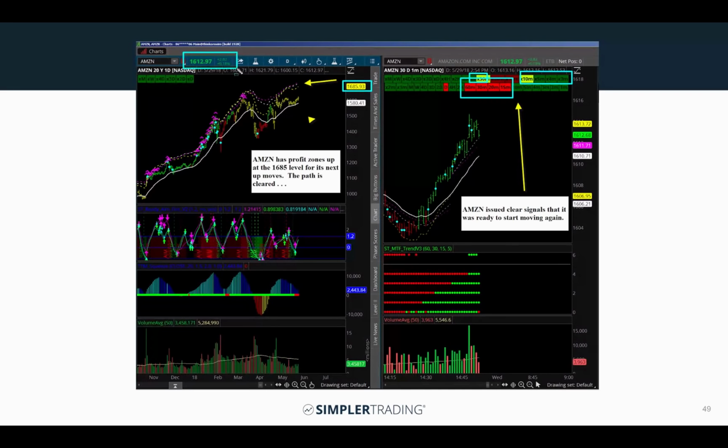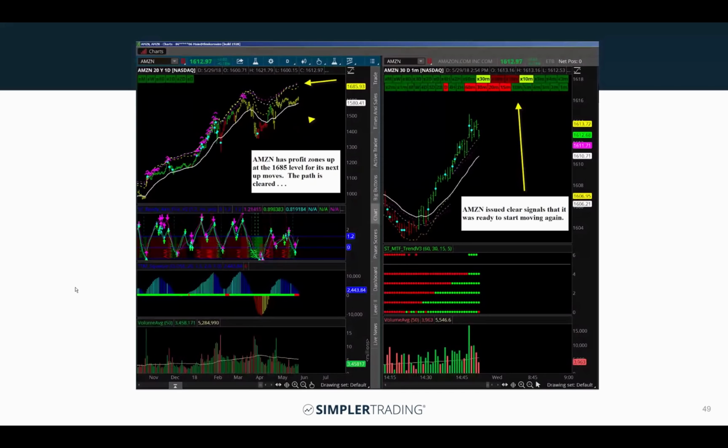And what this is telling me is that, look, there's a lot of upside potential room here on that stock. Now, it doesn't mean it's going to go up there in a straight line. It just means that the profit potential is there, and it gives me more confidence to hold on to that stock. Okay.